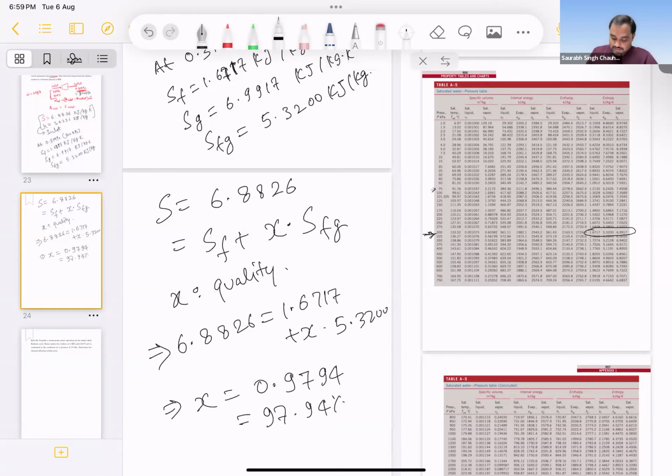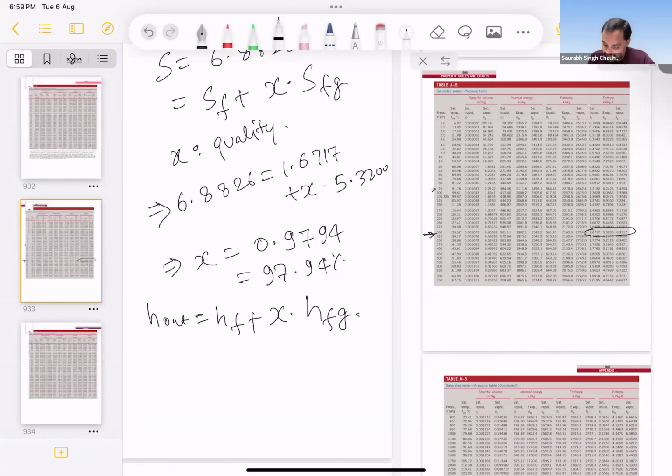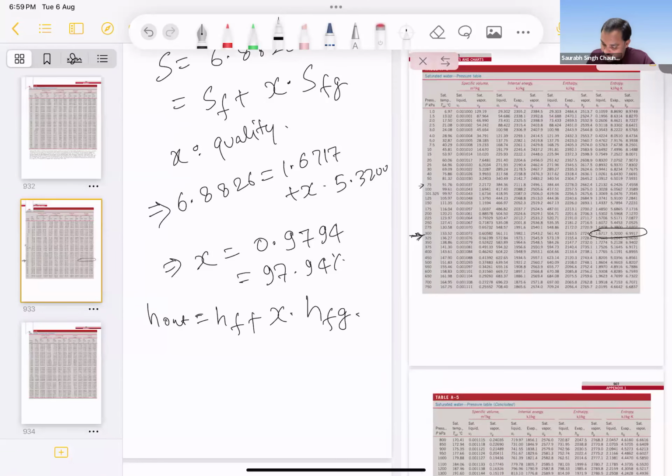So now we can find the enthalpy at outlet. Enthalpy at outlet will be hf plus x into hfg. These values again you can find from the table. This is hf in the table.